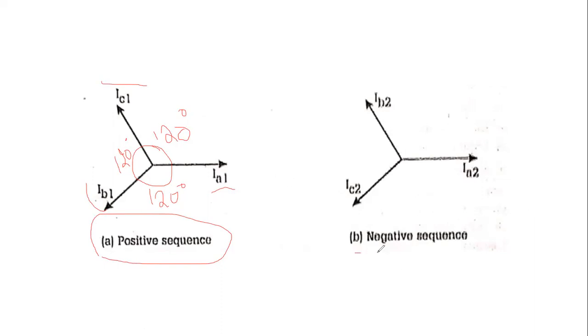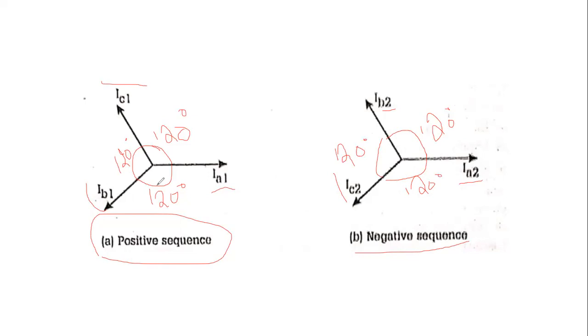Next, coming to the negative sequence. This is also the phase displacement of IA2, IB2 and IC2. The angle difference between A and B is 120 degrees, the angle between A and C is also 120 degrees, and B to C is also 120 degrees.